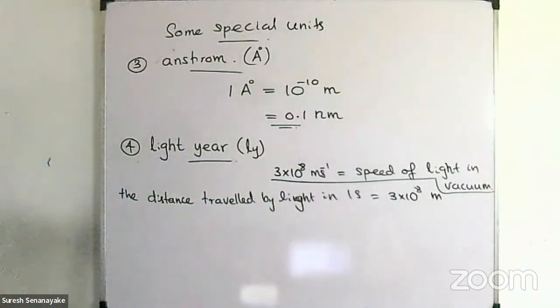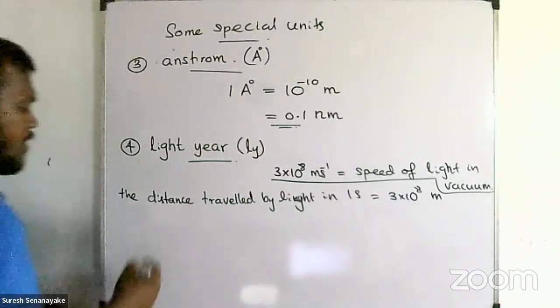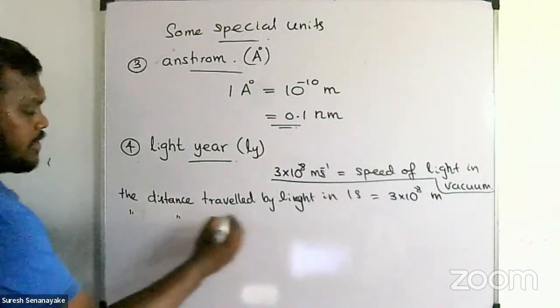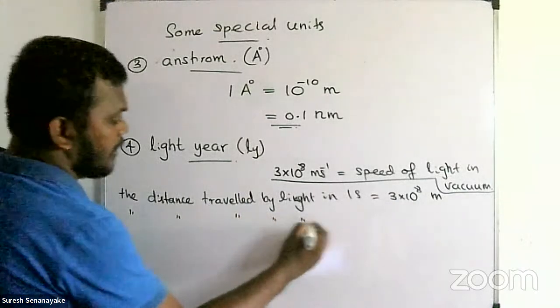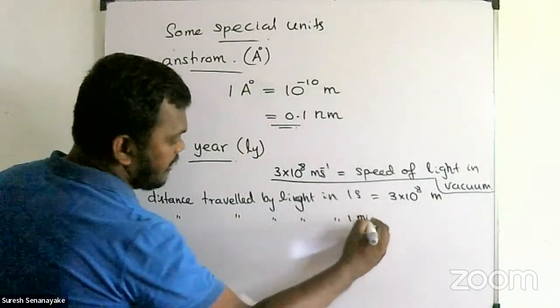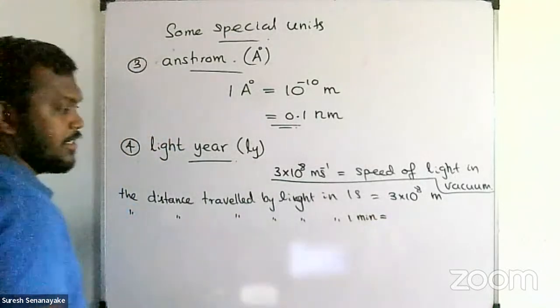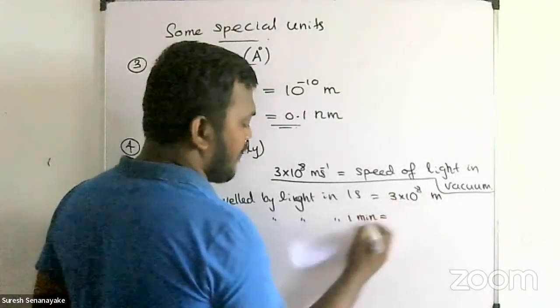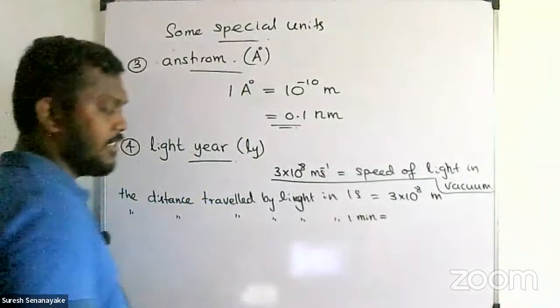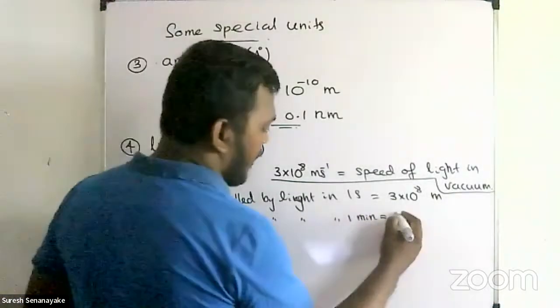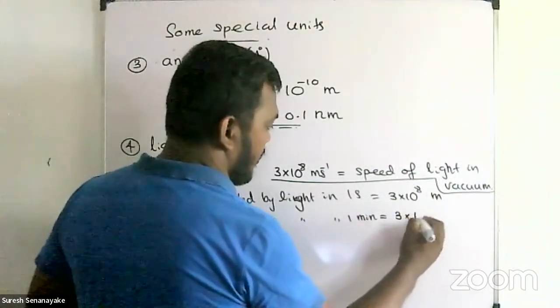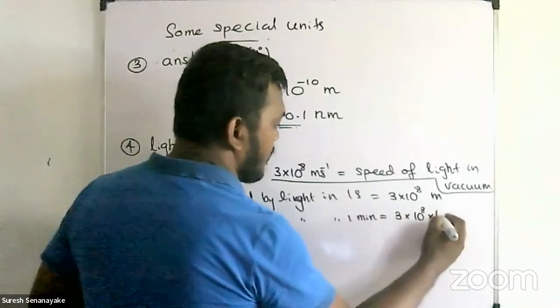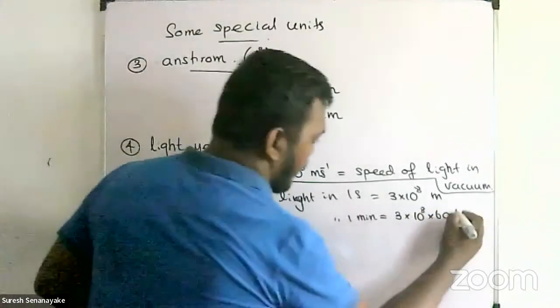Then the distance traveled by light in 1 minute: there are 60 seconds in 1 minute, so you need to multiply by 60, 3 into 10 to the 8 multiplied by 60 meters.